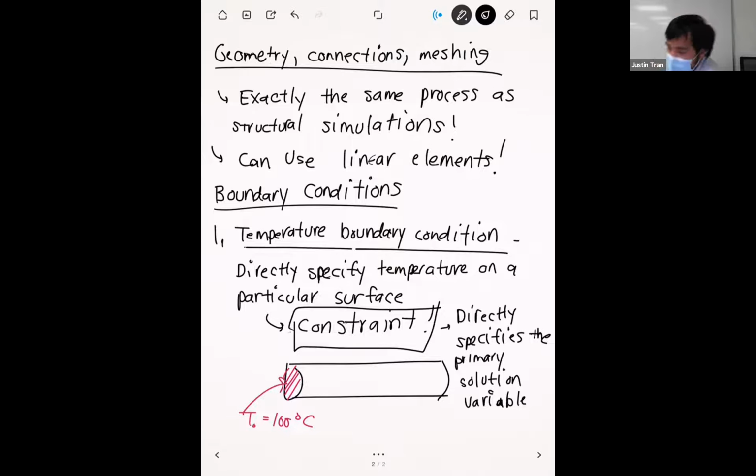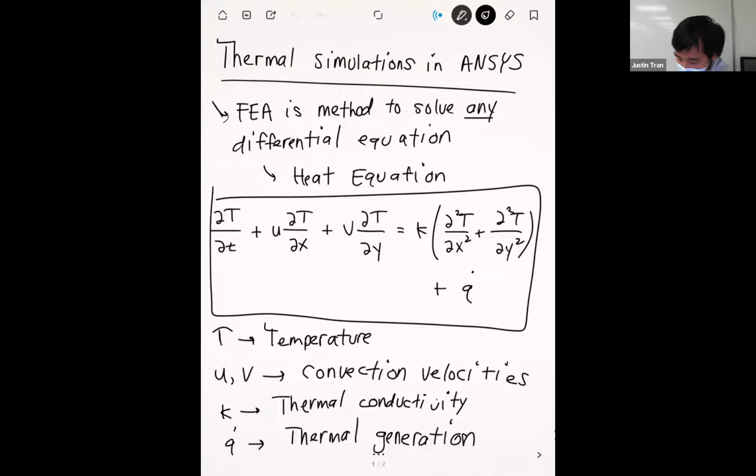In structural finite elements, remember our primary solution variable was our deformation. So when we apply a fixed support where we say the deformation is 0, that counts as a constraint. For a thermal simulation, our primary solution variable is the temperature, because that's the main variable that occurs in our differential equation.